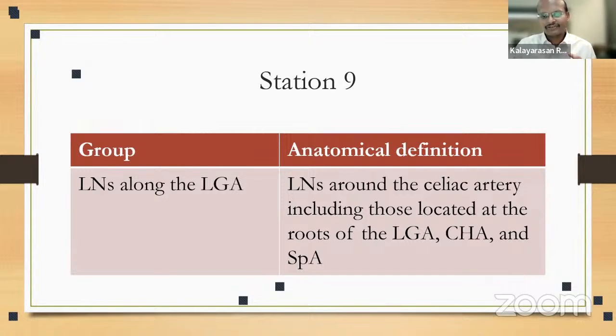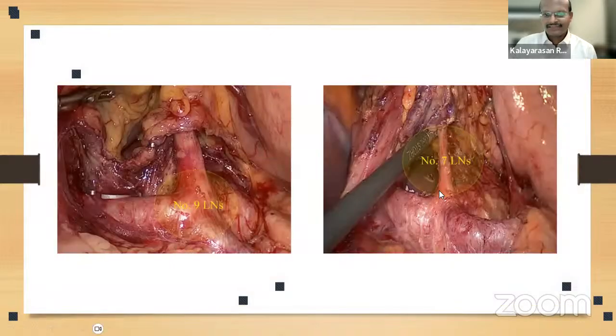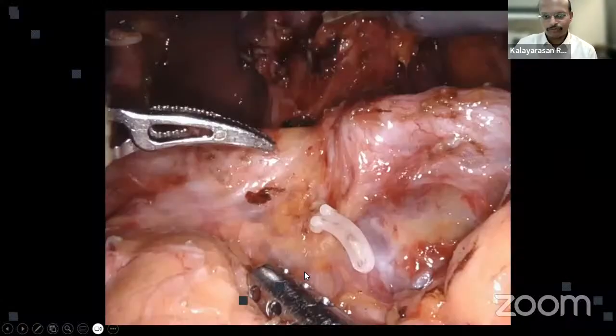But there is a small subgroup where the depth of this lymph node station will be more, and there the articulation of the robotic instruments helps. So this is station 7, and for station 9, you need to go around the celiac, and only then can you clear the station 9. Very often, station 9 is not cleared well with the laparoscopic approach.